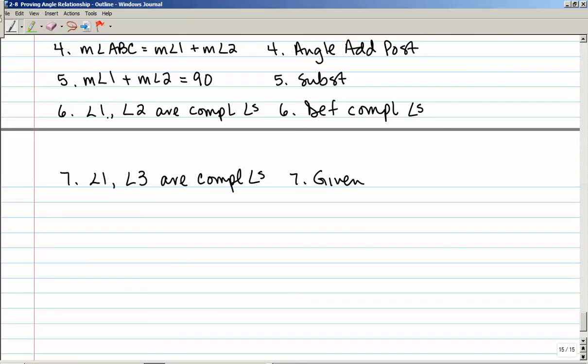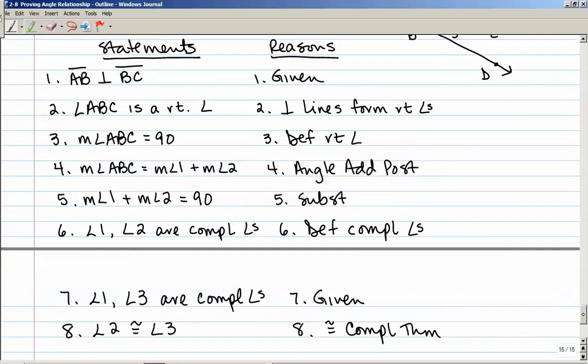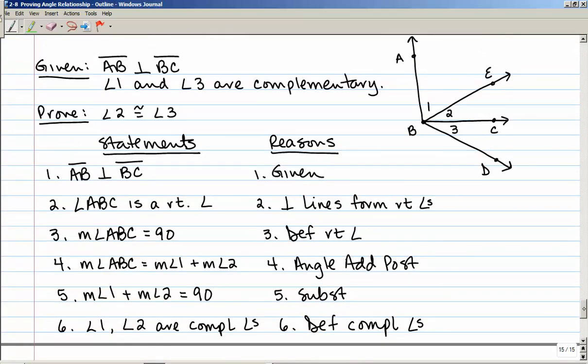And if 1 and 2 are complementary and 1 and 3 are complementary, then I can say that angle 2 is congruent to angle 3. And if you remember from part 1, that was the congruent complements theorem. And I have proven what I need to prove, that angle 2 is congruent to angle 3.